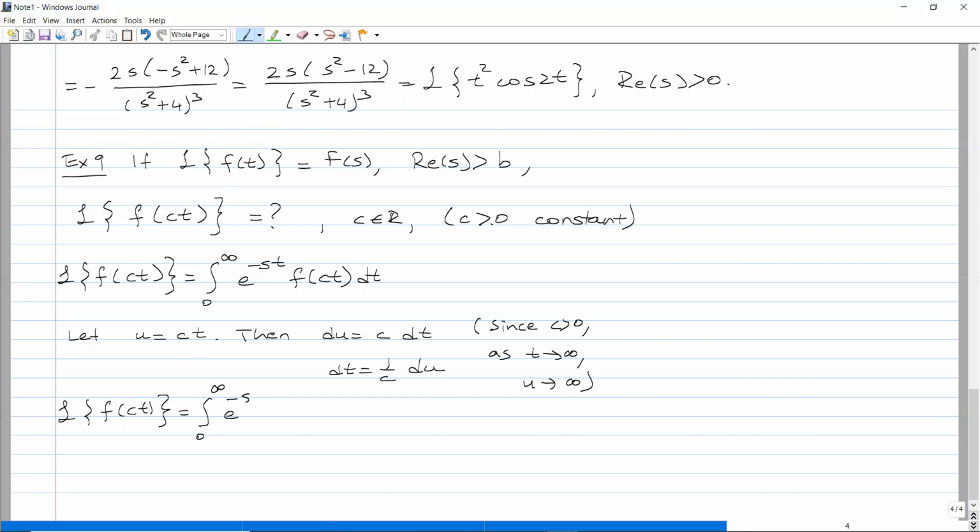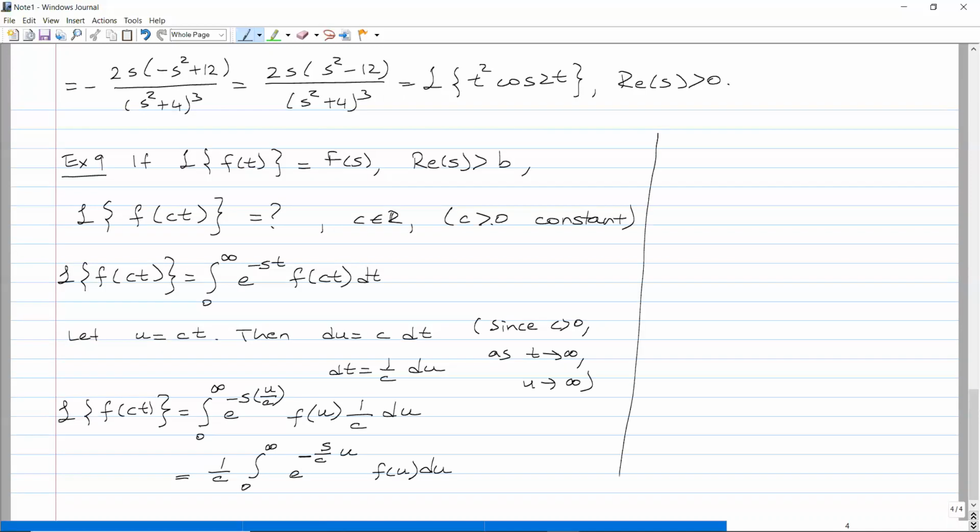E to the minus s, but instead of t, now I write u over c. And instead of ct, I write u. And instead of dt, we write 1 over c du. So what we have is 1 over c, the integral from 0 to infinity, e to the minus s over c times u, f of u, du.